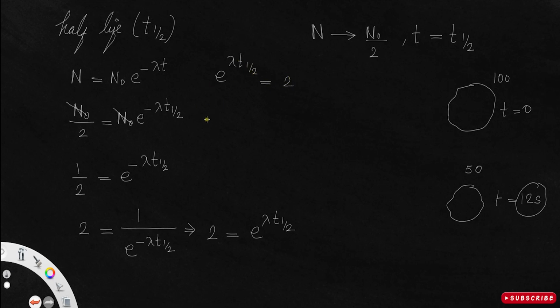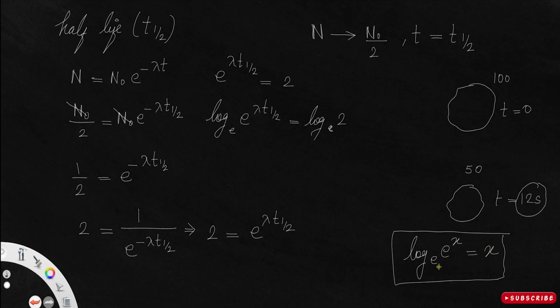Now take the log on both sides. Log of e raised to lambda t half, log to the base e, equal to log 2, log to the base e. Now we have log of e raised to x to the base e is actually x. Using this identity in here, we have lambda t half instead of x.